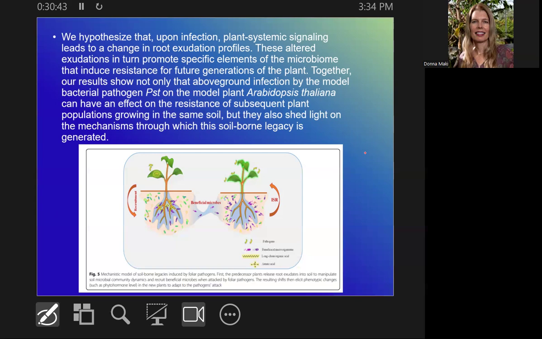So lots of research is going into this kind of idea where they're looking at how does the microbiome shift in the presence? And when we see good disease control, let's figure out what's going on with the microbiome because we think it's the microbiome driving this. It's not really just something chemical going on in the rhizosphere. We have to have the microbiome mixture to be the right one to help the plant fight it off.